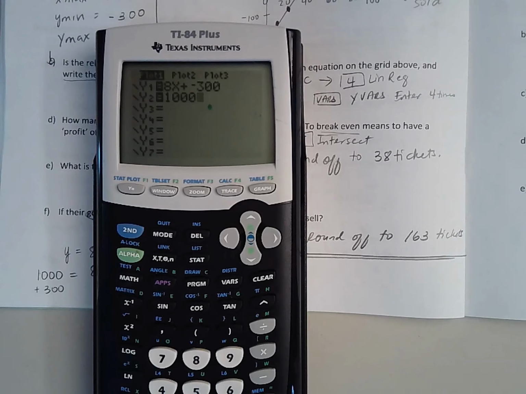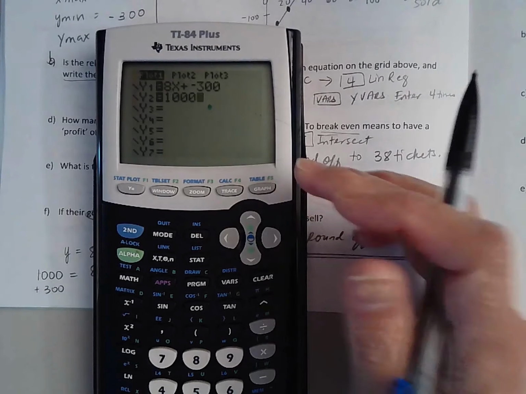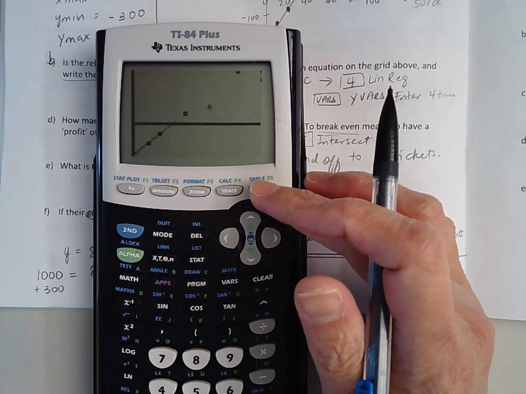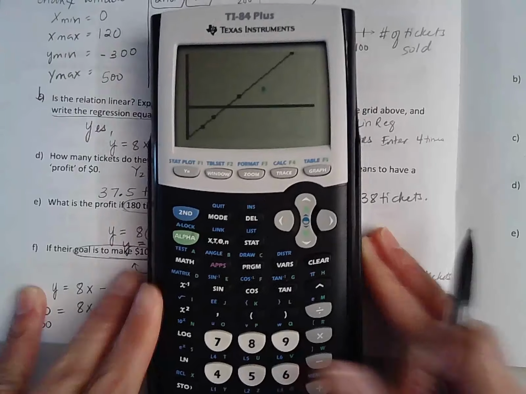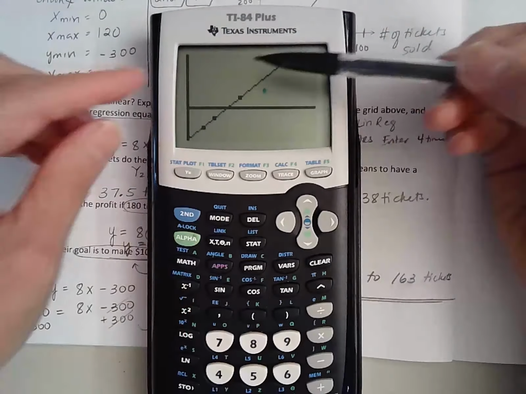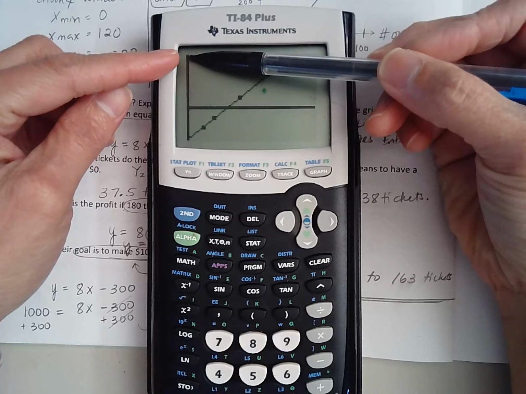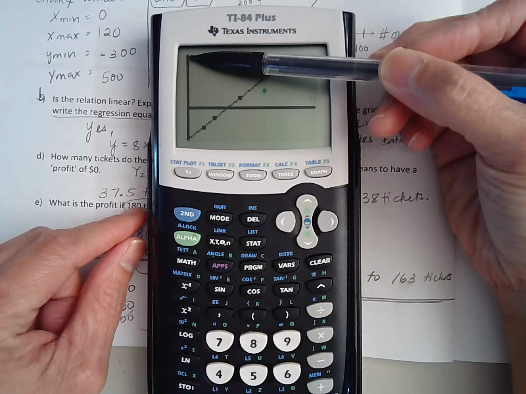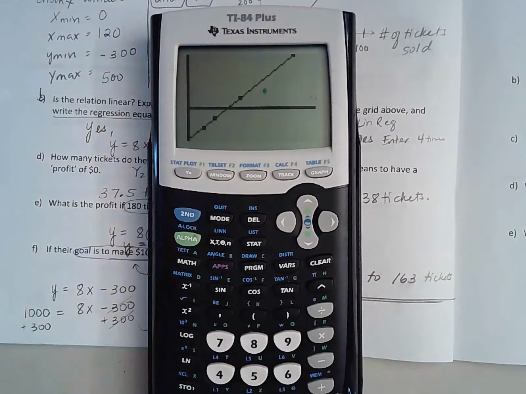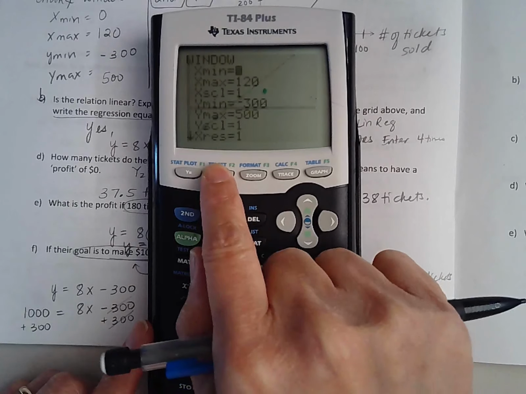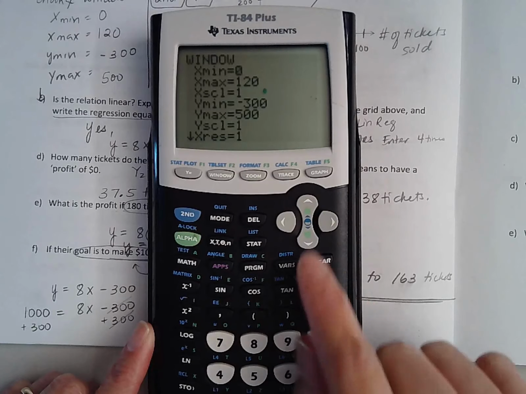Now what we're trying to figure out is, we can't even see that 1,000 mark, right? Because our y max here was 500. So what we need to do is increase it so that we can see the point of intersection there. We only change the y max. Right?